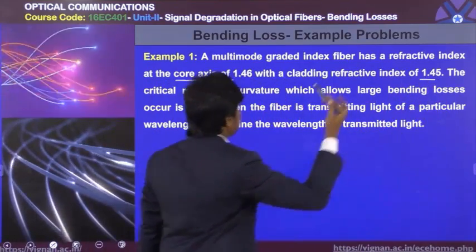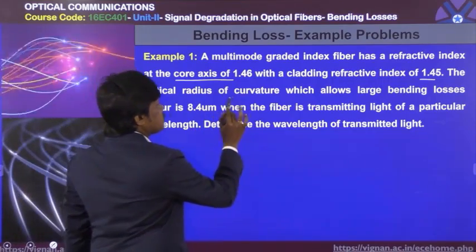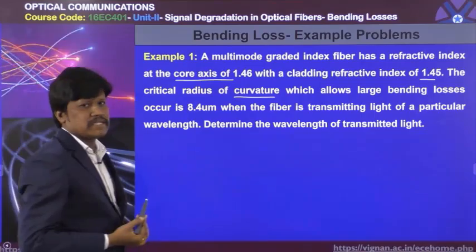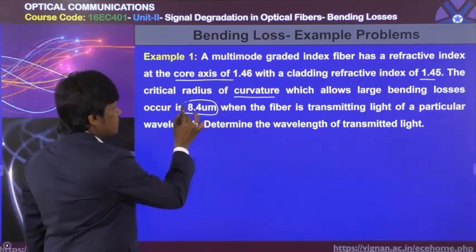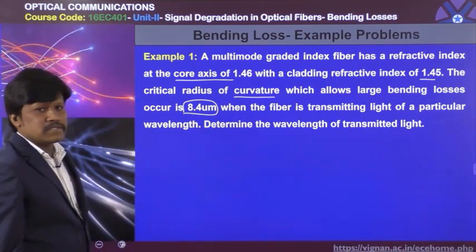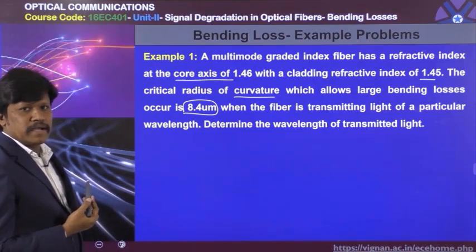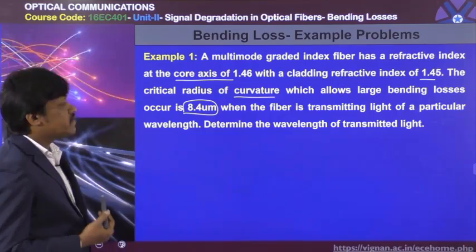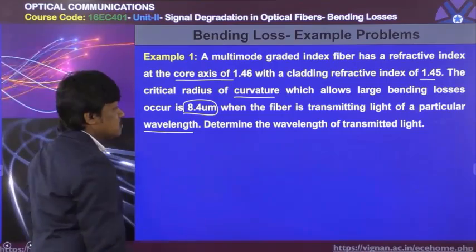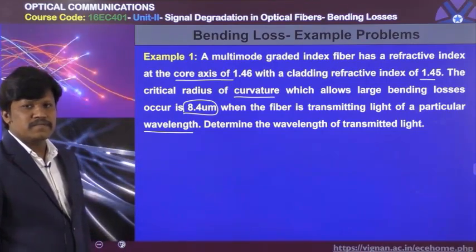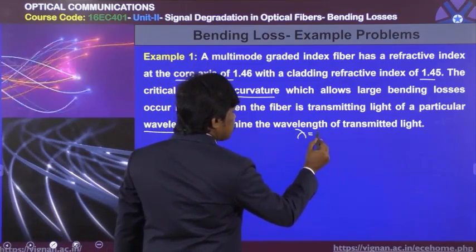The critical radius of curvature which allows large bending losses to occur is 8.4 micrometer when the fiber is transmitting light of a particular wavelength. Determine the wavelength of the transmitted signal.